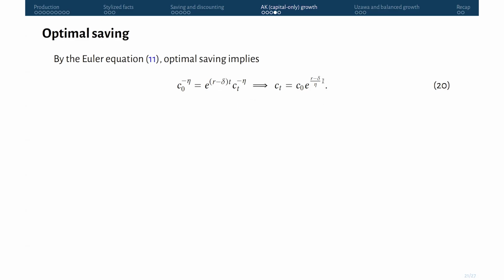And rearranging this, an optimal saving path will maintain exponential growth of consumption. And the growth rate will be this, (r minus delta) over eta, from raising both sides to the 1 over eta, and then we're just flipping the C_t and the C_0, because each is raised to the power of negative 1, and then we multiply both sides.